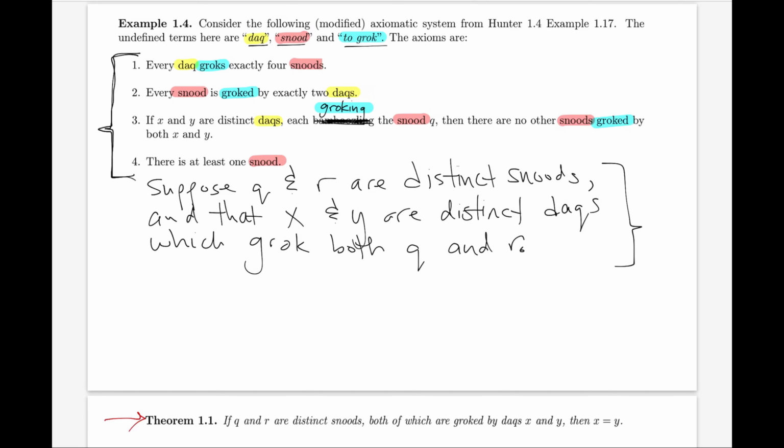So this is what I'm given. And maybe I should say here, and suppose to the contrary.